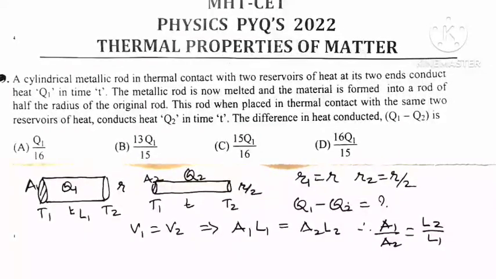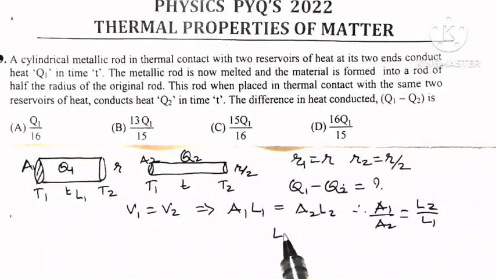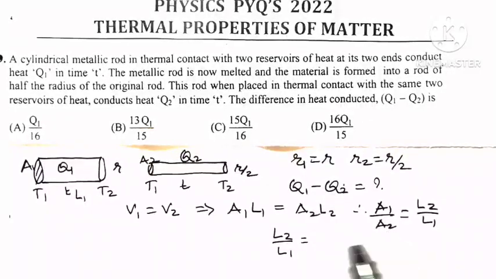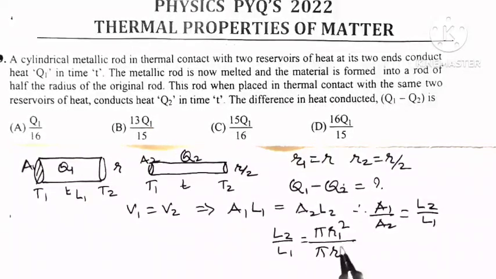Now as far as area is concerned, what can we write? L2 upon L1 is equal to A1 upon A2. A1 means pi R1 square upon A2, pi R2 square.